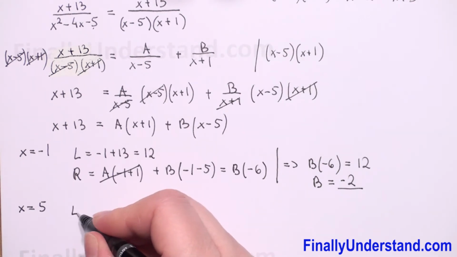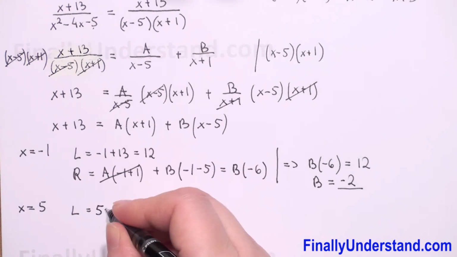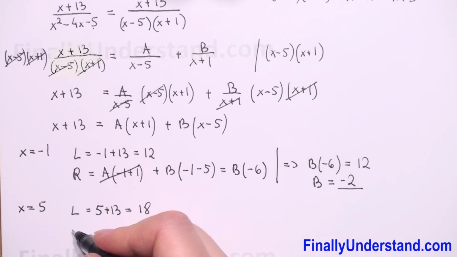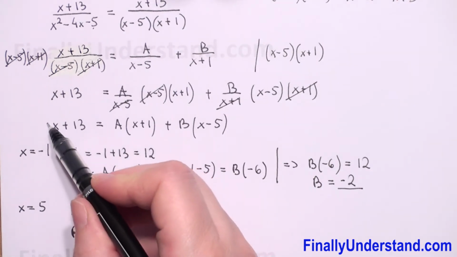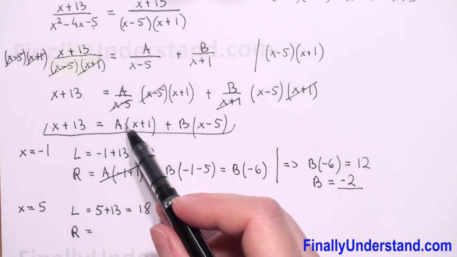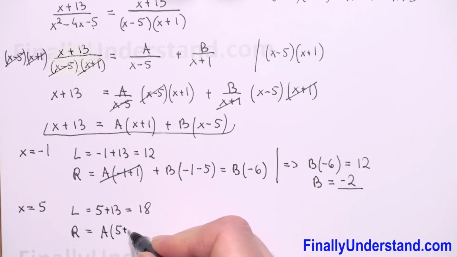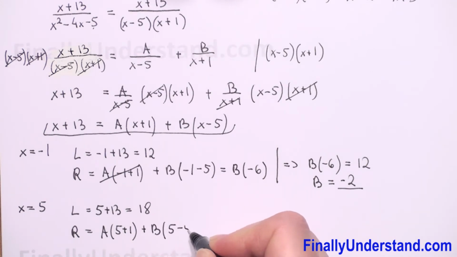On the left side, x is replaced by 5, so 5 plus 13 is equal to 18. And on the right side, we replace x by 5: A times 5 plus 1 plus B times 5 minus 5. We see that 5 minus 5 will be 0, and 0 times B will be 0.